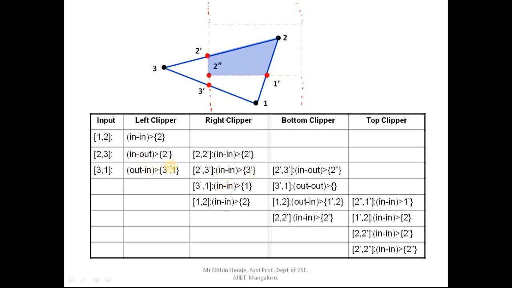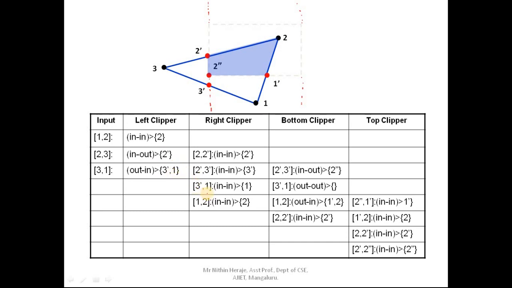Next 3 dash 1 dash, 3 dash to 1 dash. So in 3 dash 1 dash, again you can see it here, 3 dash here and 1 dash is here, correct. Both are towards the left side of this line and both are treated as in. So the output is 1 dash.